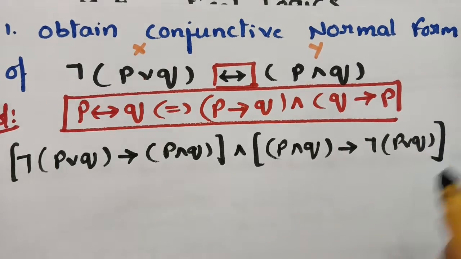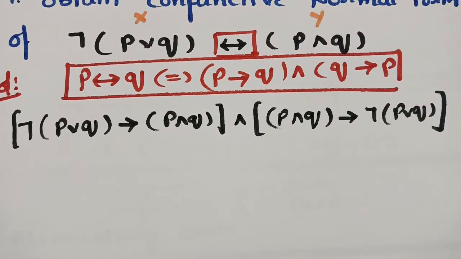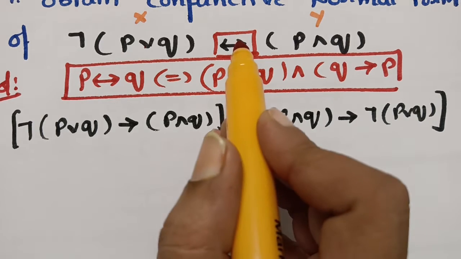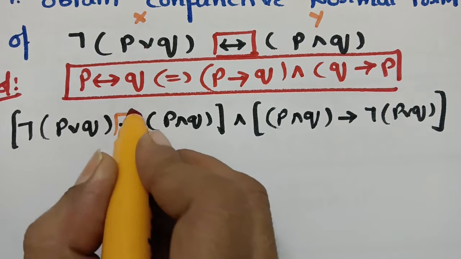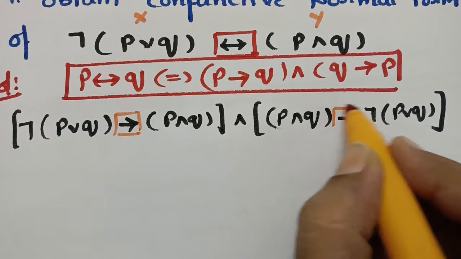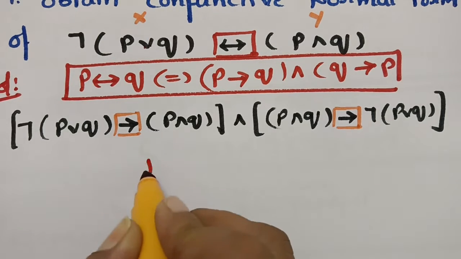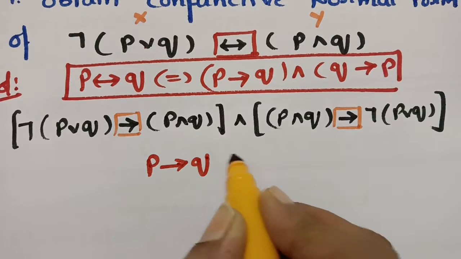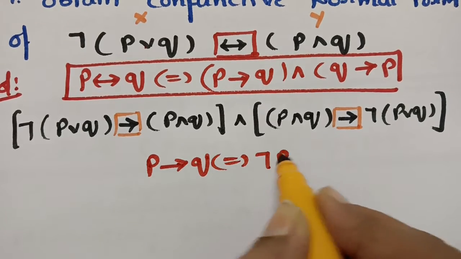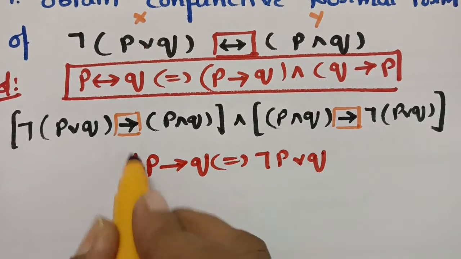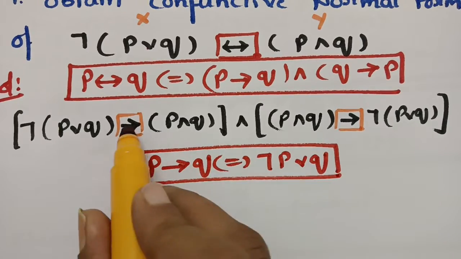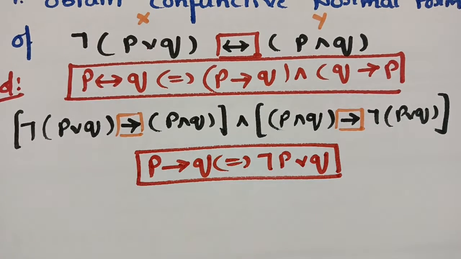Clear? And next thing here is we have to remove implications, and after that we have to remove these implications. Clear? For removing these implications, which equivalence formula do I have to use? As you know, this is a famous formula: P implies Q is equivalent to negation P or Q. So this is the formula which I am going to use for both of these.